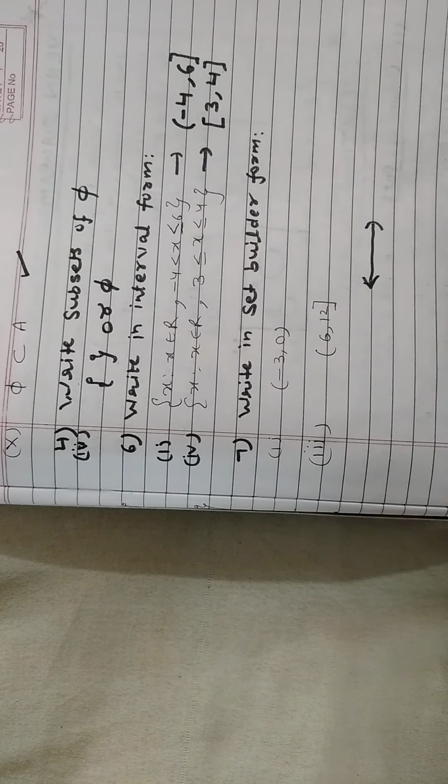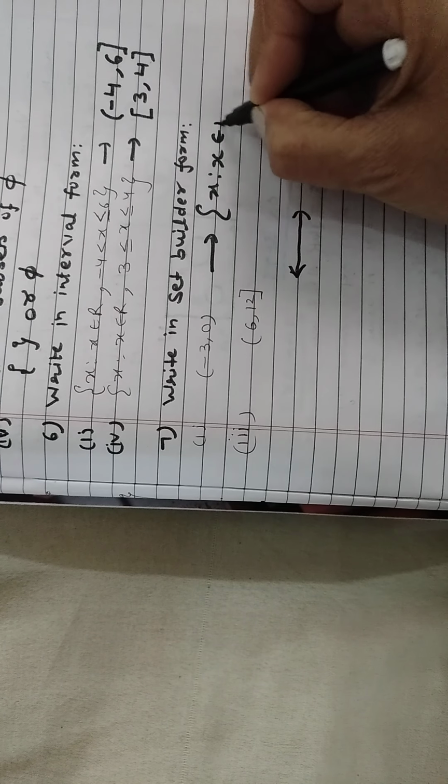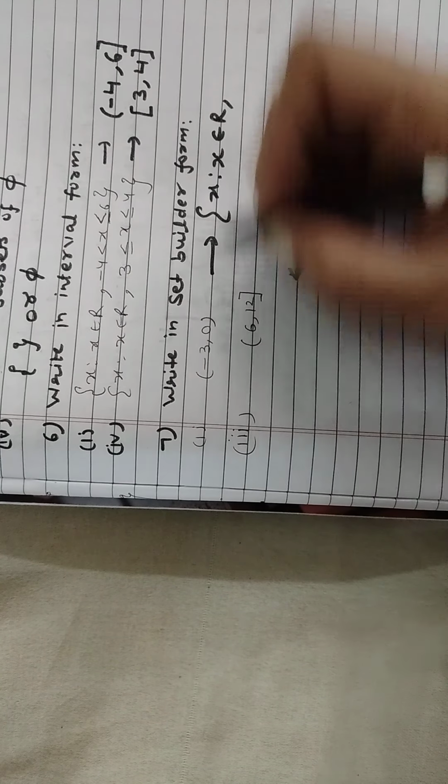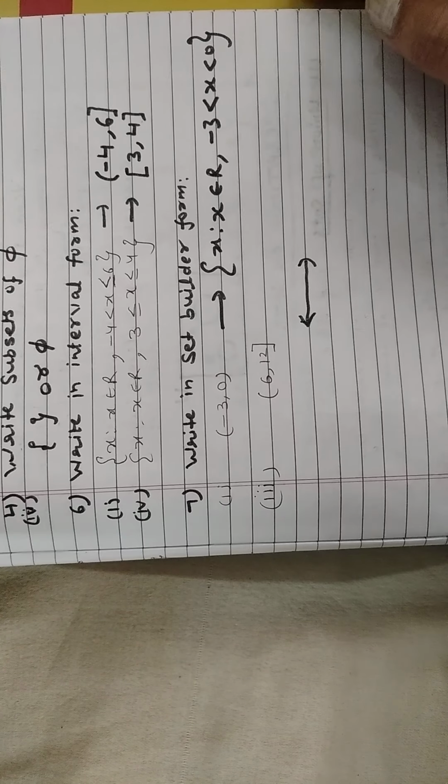Now next is: write it in set builder form. This is the reverse. This is the interval form, and you have to write it in set builder form. So what will be the set builder form? x belongs to R, and it is open from both sides. So you will write -3 < x < 0. You will not put an equal symbol. Right?